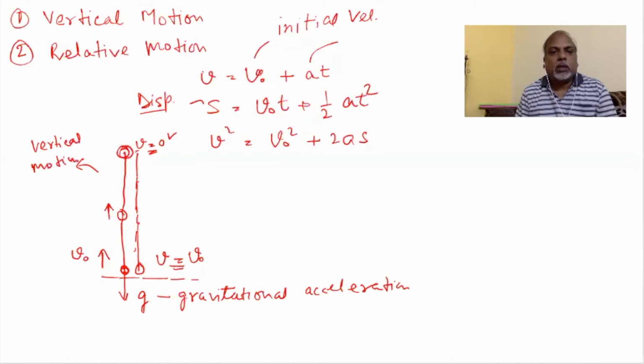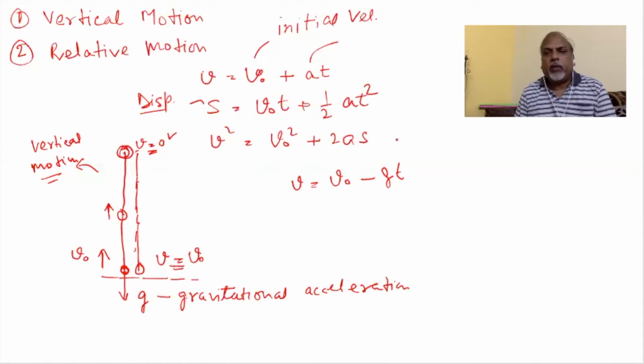Now in this vertical motion, how are our equations of motion modified? They will be modified like this: v equals v0 minus gt. Why this?